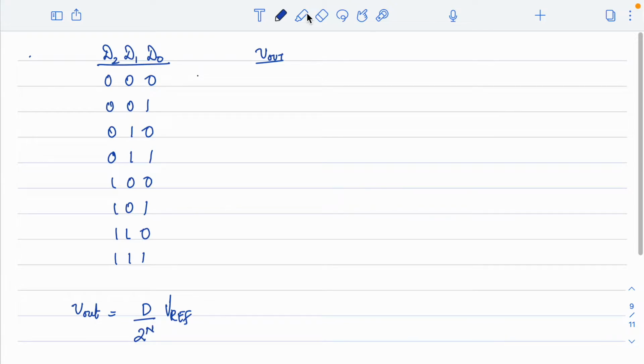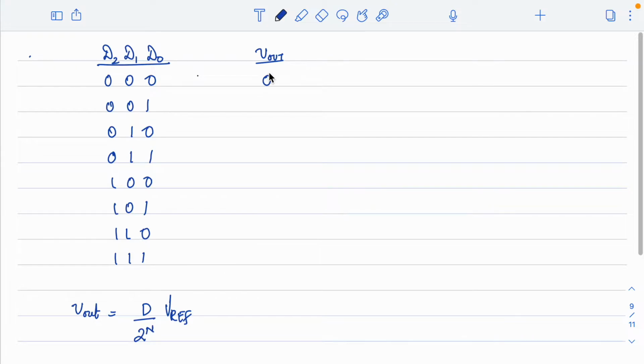So can I quickly get the values here? Each output value from 0, 0, 0 to the last value. When the digital input word is 0, we are not expecting any increment at the output, so output will be equal to 0. What is the second value? It is 1 by 8 into Vref.